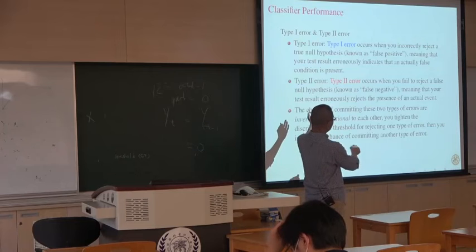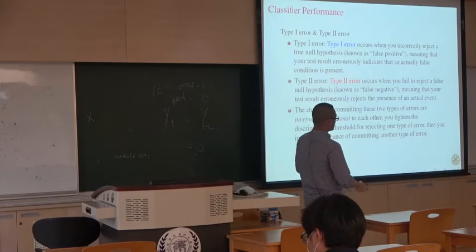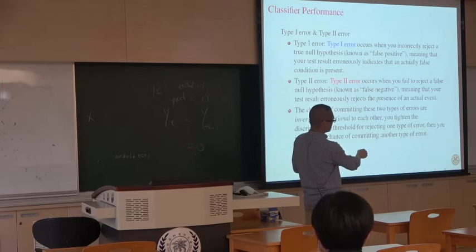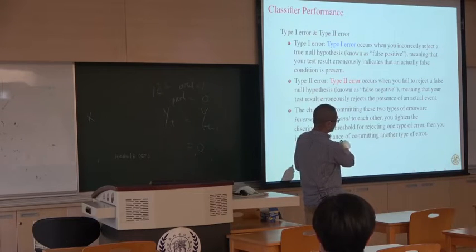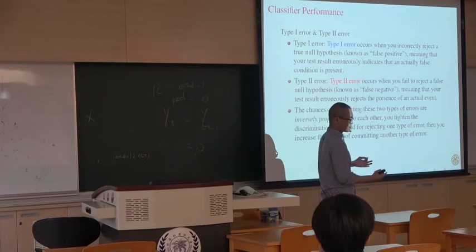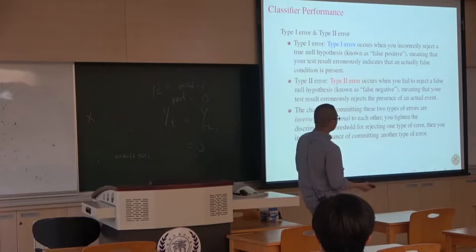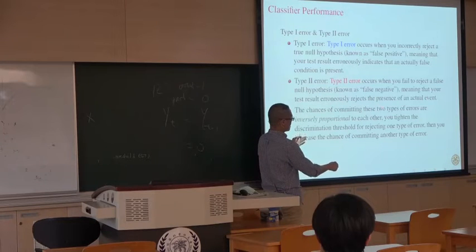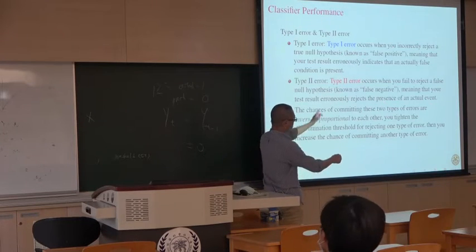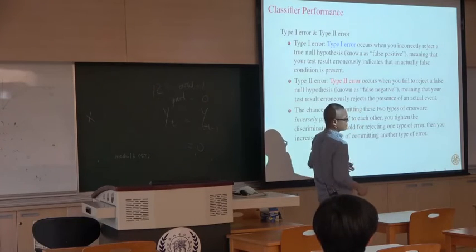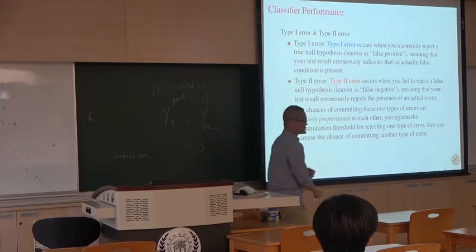But you predict the outcome as false, negative, or null. It's 0, while the actual event is 1, it's positive, it exists. So your test result favors the negative outcome, but it's false, right?